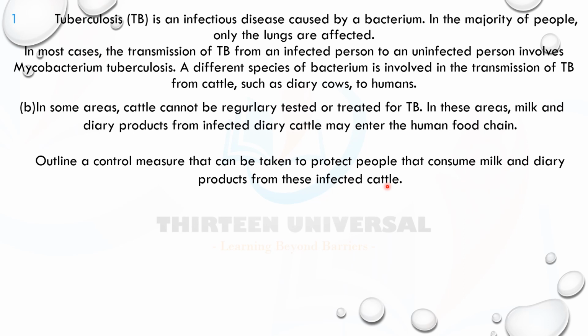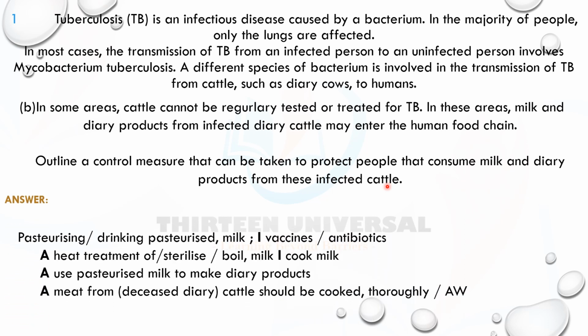And then of course, you have to take other measures, because milk is not the only thing you eat. What about meat? You have to cook meat well. Okay, that's it, guys. Use pasteurized milk. How many marks is that? Just one mark.